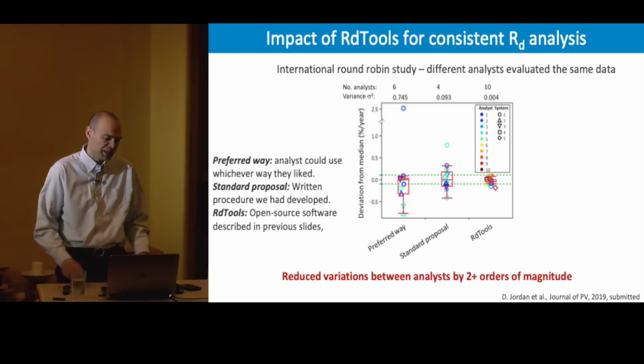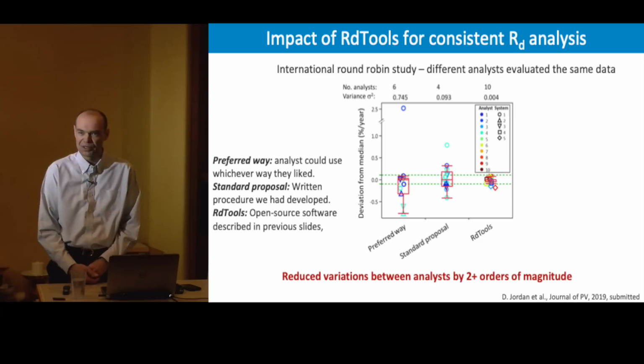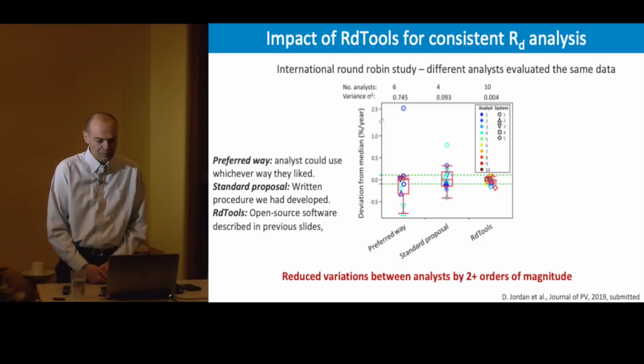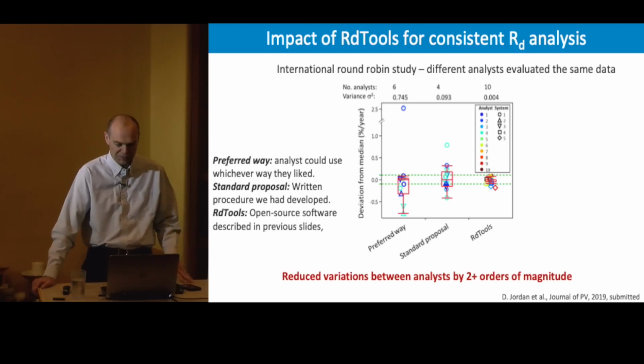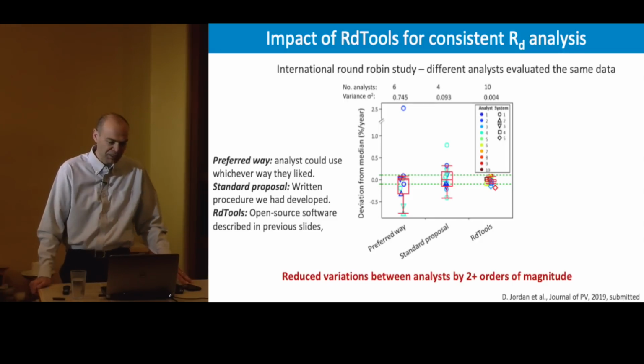And the green dotted lines are what I call the holy grail of degradation rates, 0.1% per year. To hit this interval is really tight. And so we used our software that we had developed and gave it to a number of people from all around the world. And we're pretty much hitting this interval. There are a couple of data points that fell slightly outside.